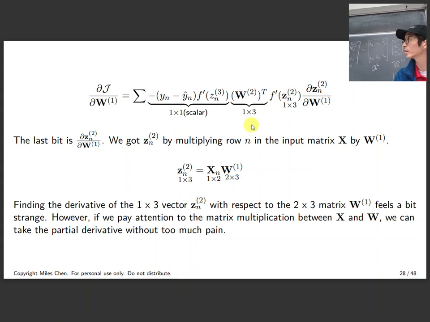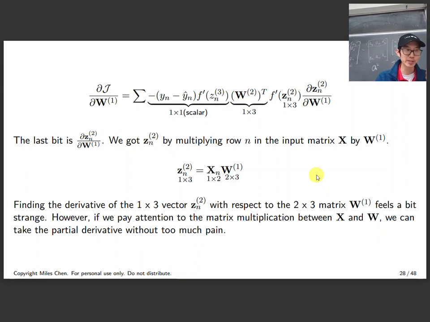I'm trying to keep track of everything by writing the dimensions underneath these things. And so we see, you know what, we're probably going to have to do an element-wise multiplication, because I've got a 1 by 3 and a 1 by 3 here. And now we have this problem: how does Zn2 change with respect to W1? And now we run into this issue.